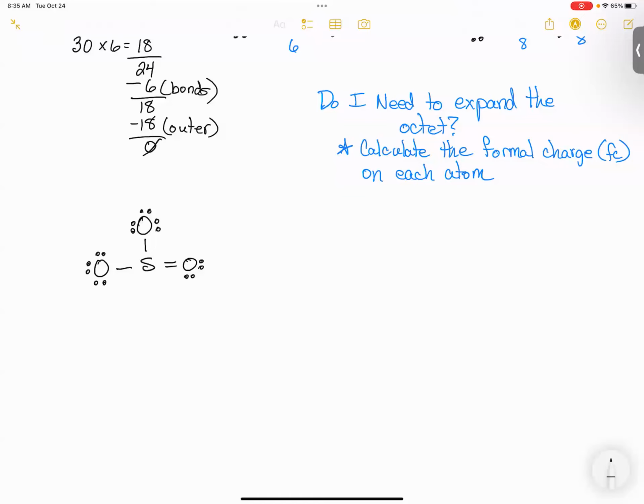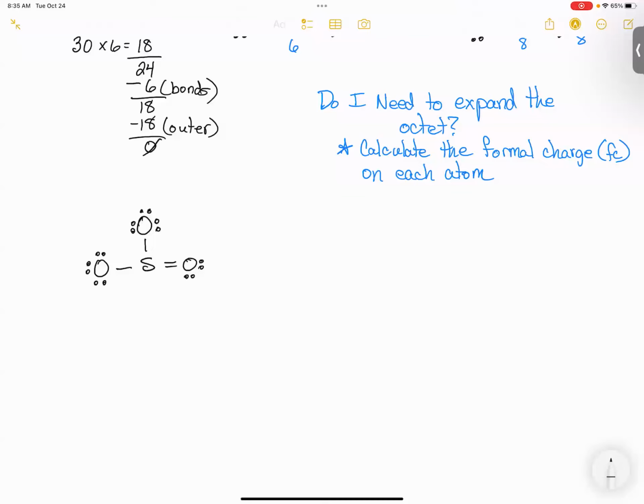If you have to have a negative formal charge, it needs to go on the more electronegative atom. And you will never have like formal charges side by side. In other words, you're never going to have a negative next to a negative. You'll never have a positive next to a positive.